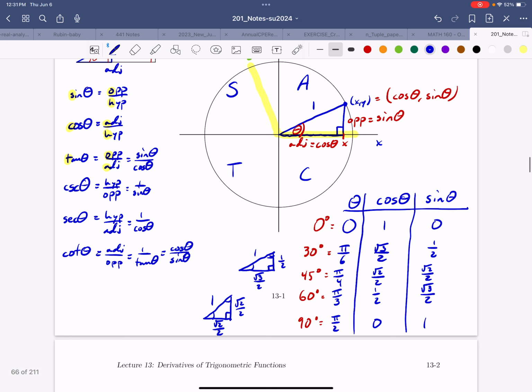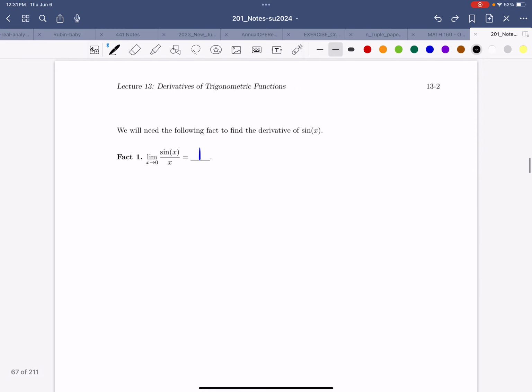Going back to our circle over here, it turns out that this length right there is tangent of theta. And theta itself, remember, is defined to be the amount of the circle that the angle's traversed, right? So for that reason, we have the inequality sine of theta is less than or equal to theta, which is less than or equal to tangent of theta.